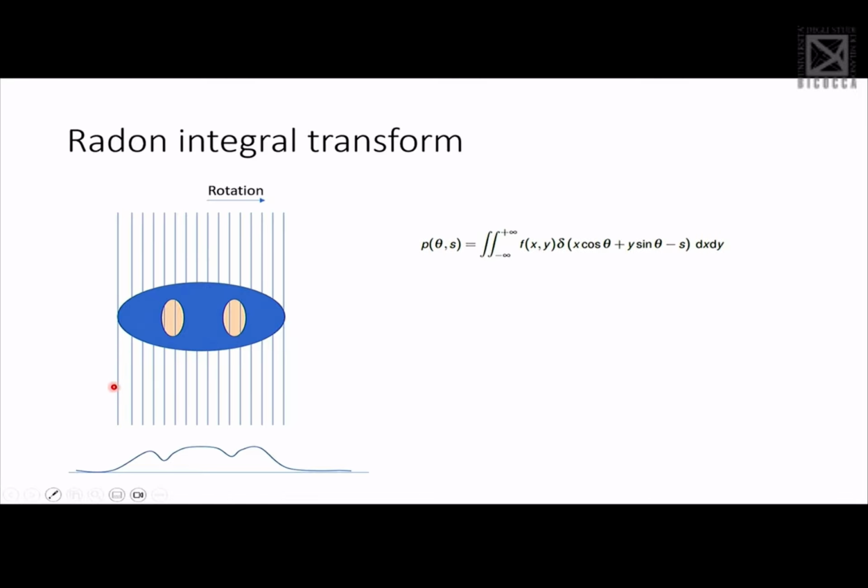I project along here, and I meet, let's say, zero things along the line, so my projection will be 0. If I do this here, I will have some more structure, so my integral will be higher. And if I go here, but here I have something of smaller intensity, my integral will be lower.